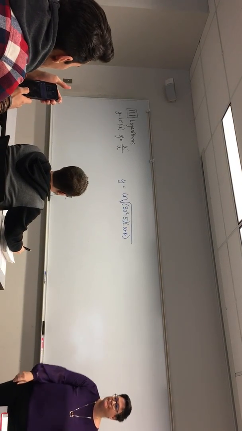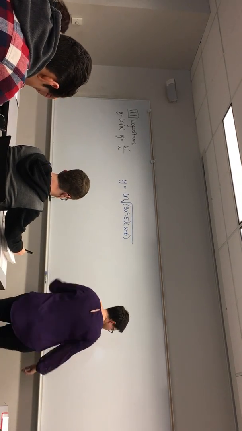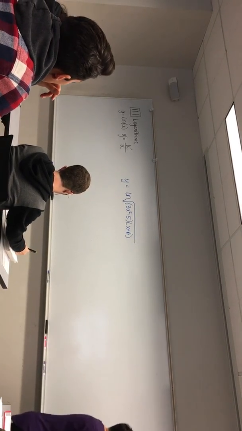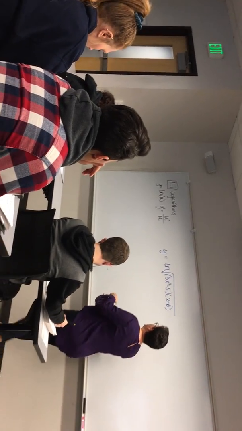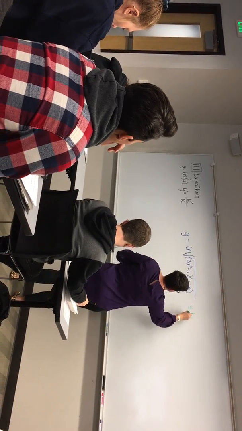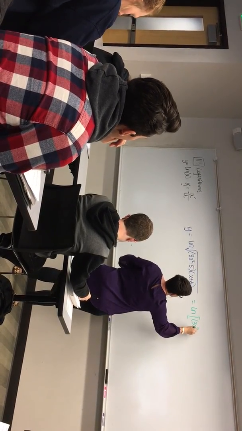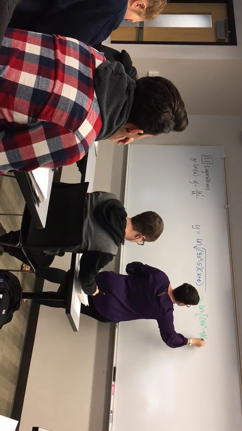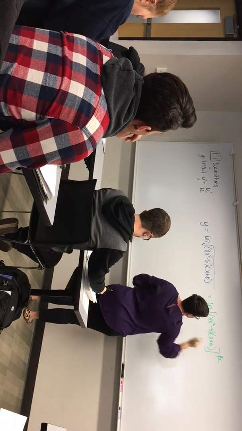Okay. Let's make it pretty. How do I make it pretty? Yeah, get rid of the radical. So this is going to be natural log of 3x squared minus 5 times x plus 6 to the 1/2 power.